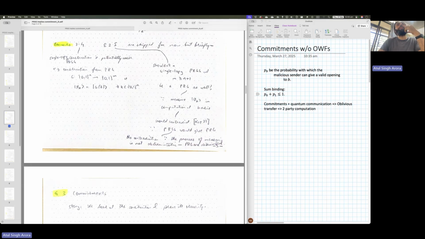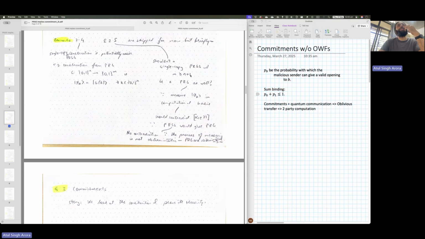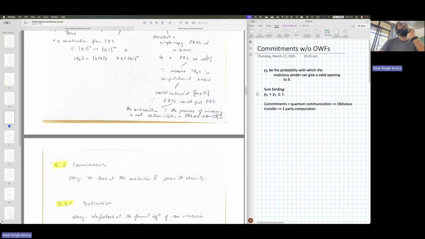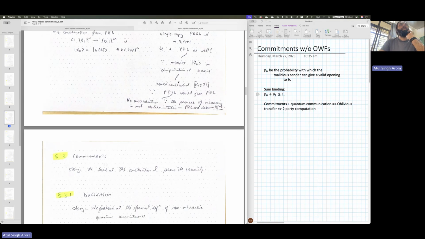And the other remark is that one might think a single copy PRSG, which is producing an output state bigger than the input string, so the number of qubits m is strictly larger than the key length, shouldn't that also be a PRG? Because you can just measure phi k in the computational basis, and this would give you more bits of randomness than you put in.